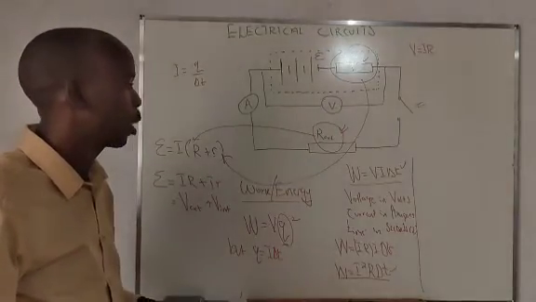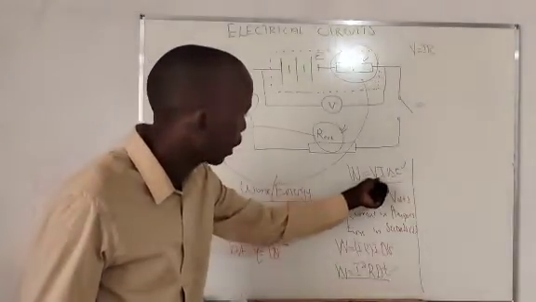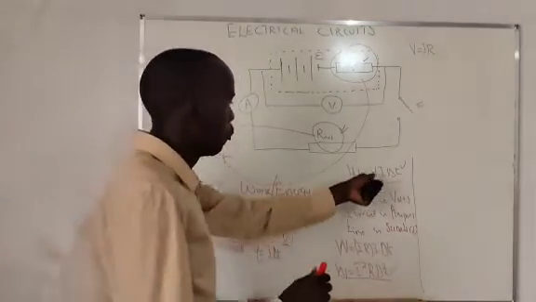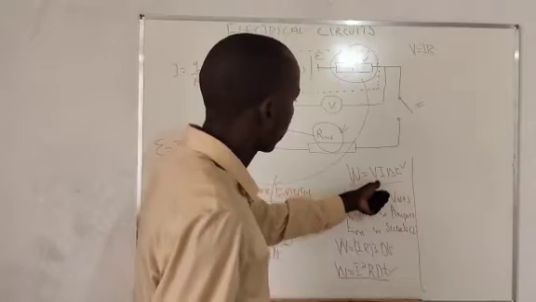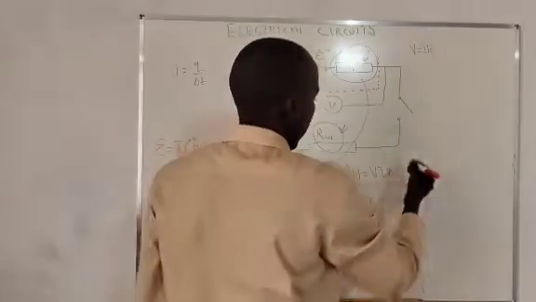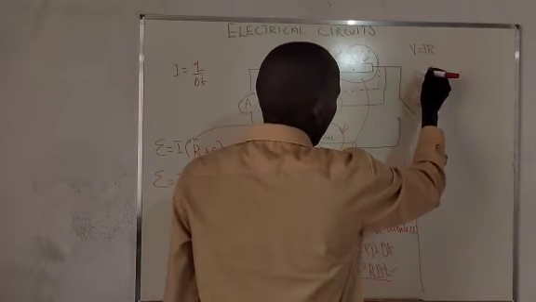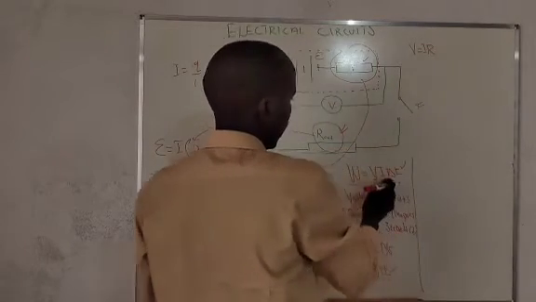In grade 12, we can also replace this voltage by a resistor, and this current by, let us say we are given voltage, then we want to replace the current.